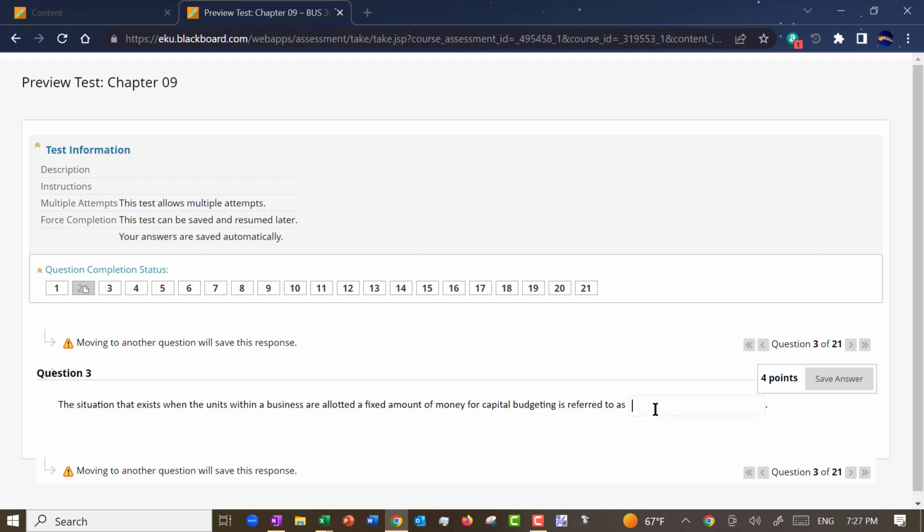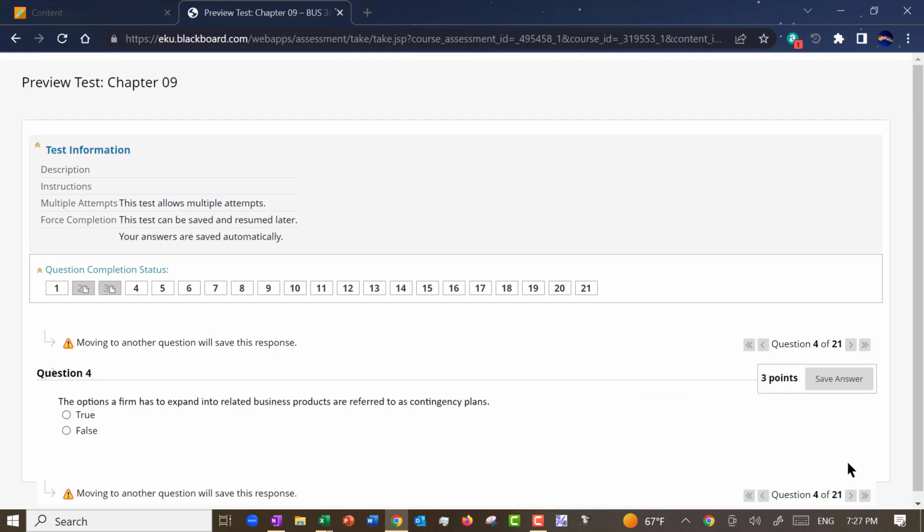Even though we won't do any numerical analysis of these, a lot of projects have built-in options. As you know, a lot of the inputs are projections. We estimate that we're going to sell 100 units, but a year into the project, you realize that that 100 was too optimistic.